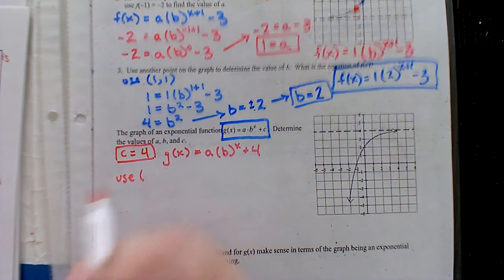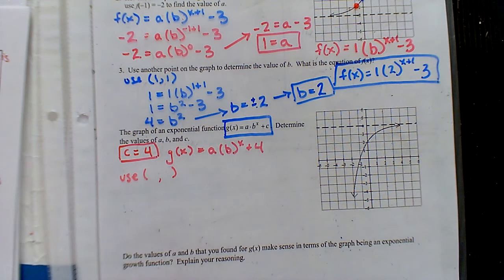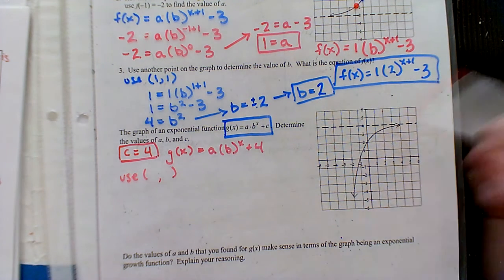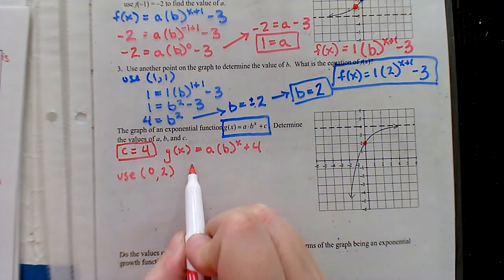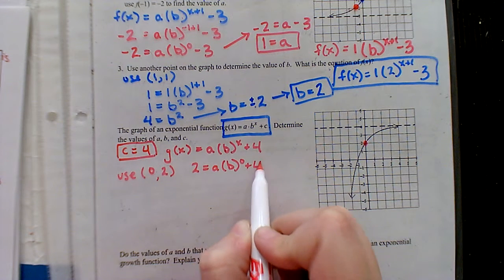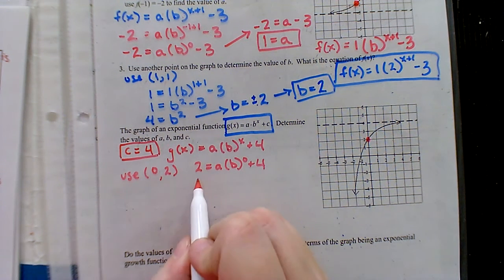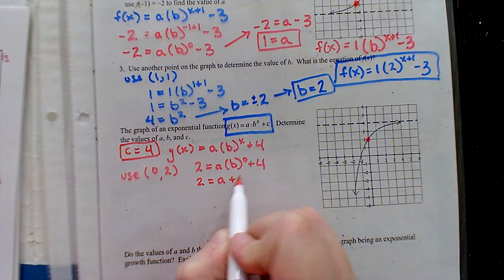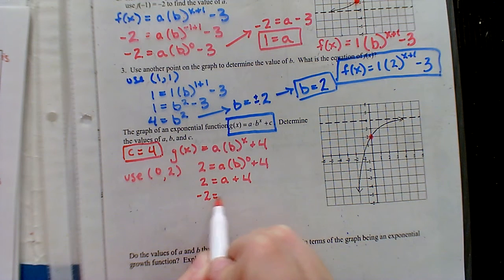What point should we use? 0, 2. So 2 is a y value, 0 is the x value. Notice how that makes the power 0, so the b is going to go away, and we're left with a plus 4. So our a value looks like -2.